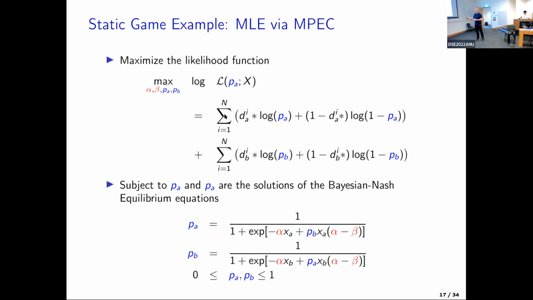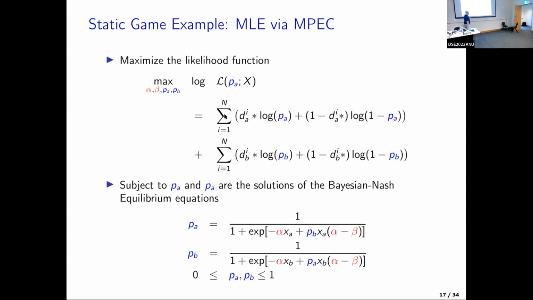Now, without any constraints, we wouldn't be able to identify the structural parameters, so we need to impose the constraints that this needs to be in equilibrium. So very much like we would maximize the likelihood function for Harold Zurcher subject to the constraint that the Bellman equation needs to hold, we are now just maximizing that likelihood function subject to the constraint that the Bayesian Nash equilibrium conditions hold.